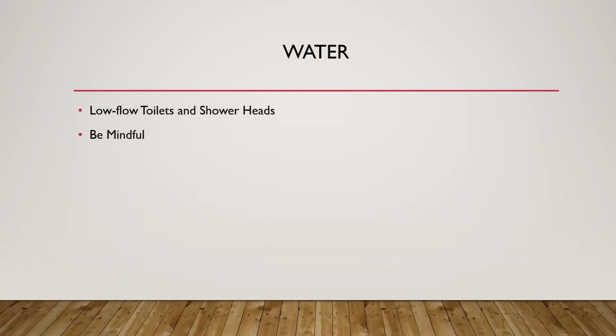And switching out these toilets is the energy efficient, but the water efficient toilets are almost the same price as a regular cheap toilet. So when your toilet does break down, then switch it out with one that's water efficient.